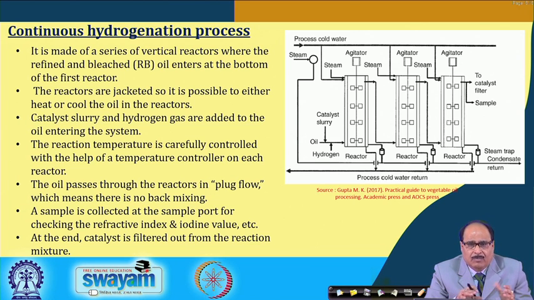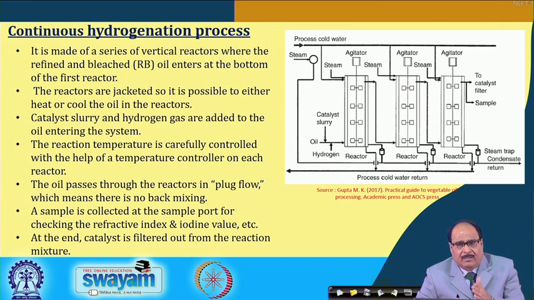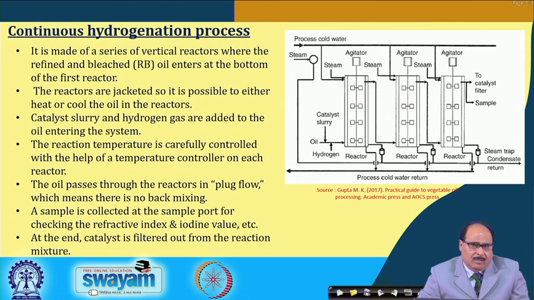In both systems, samples are taken out at regular intervals and analyzed for different tests like iodine value, refractive index etc. By these iodine value and refractive index, generally we find out whether the desired level of saturation has been reached or not, and once the desired level of saturation is reached, the system. All the hydrogenator equipments are provided at the top with some vent valve etc. so that head space gases etc.